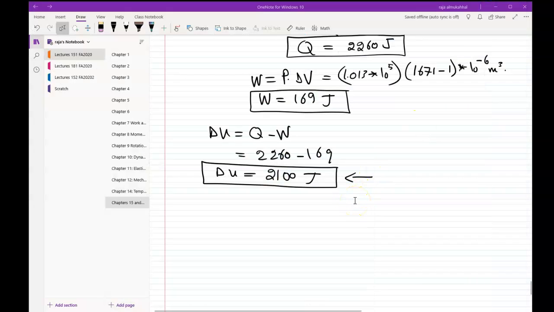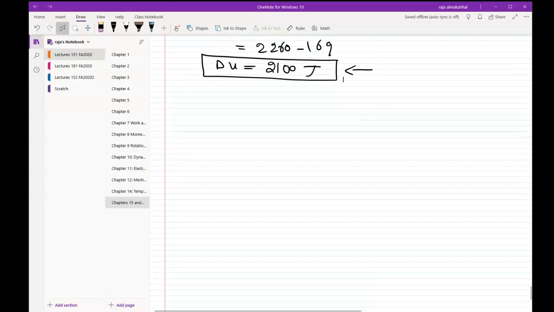Before we talk about the second law, we need to talk briefly about what is meant by the heat engine.